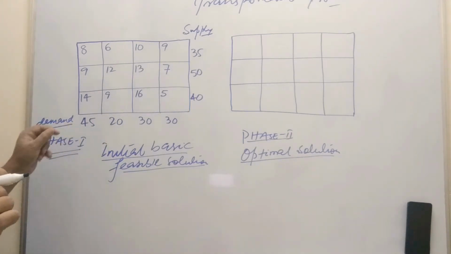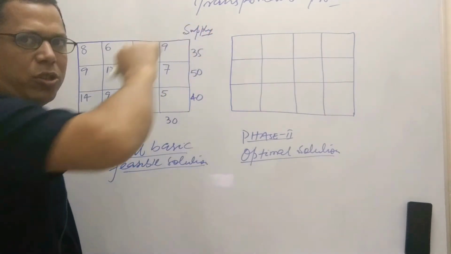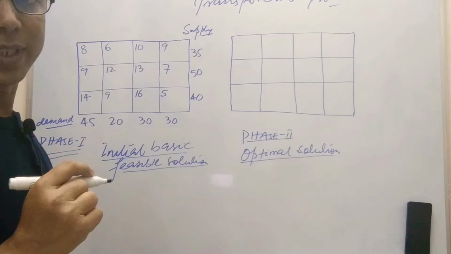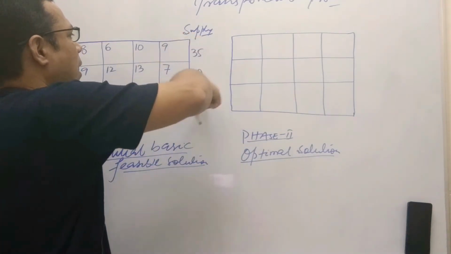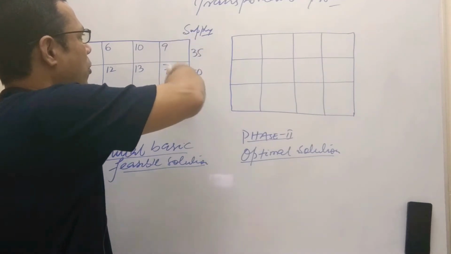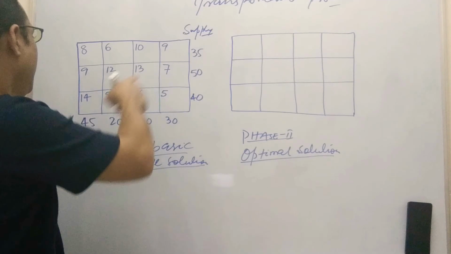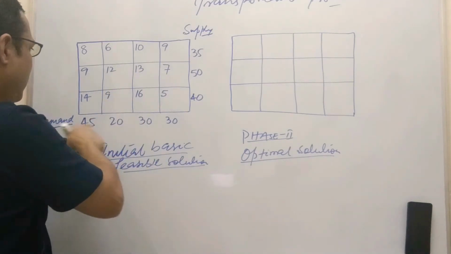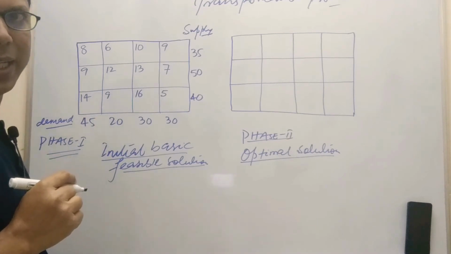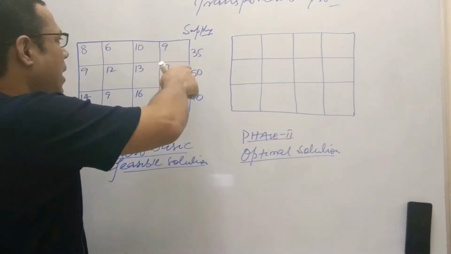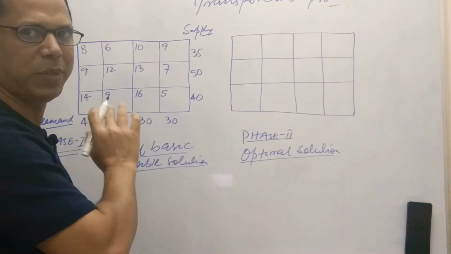The concept here is to minimize the cost of transportation: how to transport some set of supplies to some set of demands, in which the cost of transportation is minimized. So here we will see how to minimize the cost of transportation. That is the main idea.